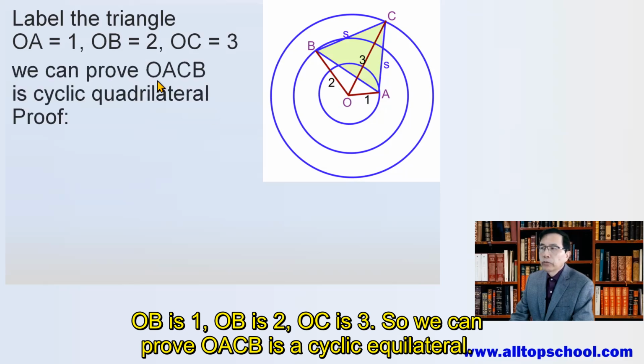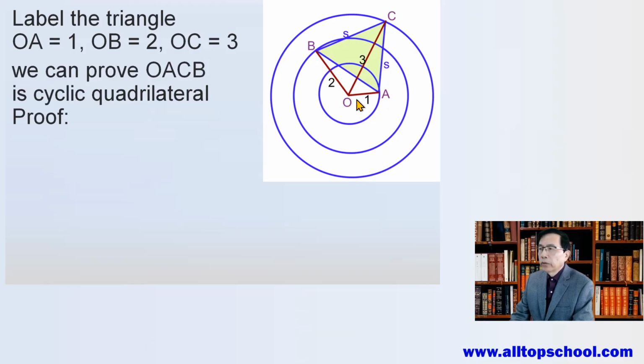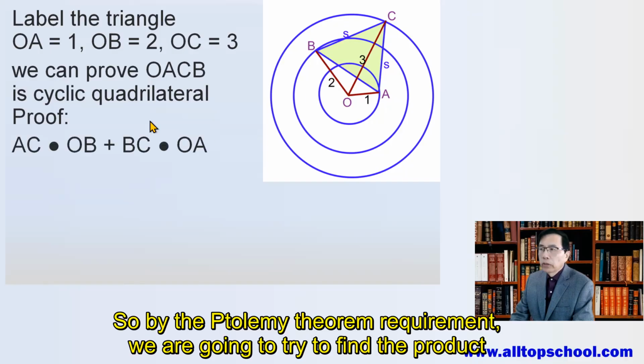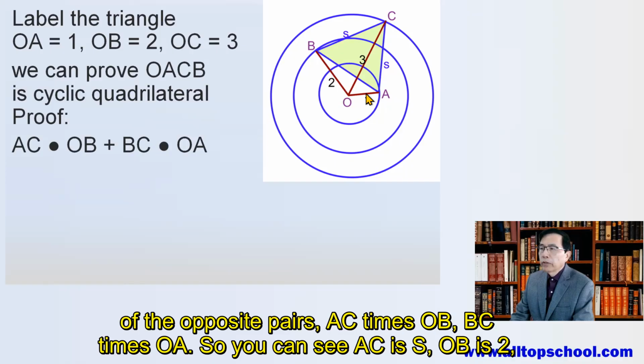So we can prove OACB is a cyclic quadrilateral. That means we can inscribe OACB in a circle using Ptolemy's theorem. By the Ptolemy theorem requirement, we're going to find the product of the opposite pairs, AC times OB, BC times OA.